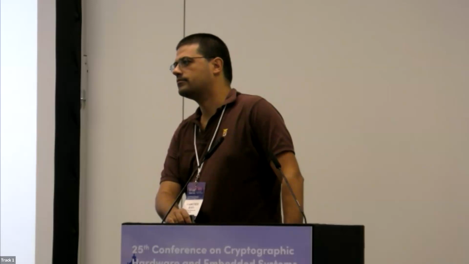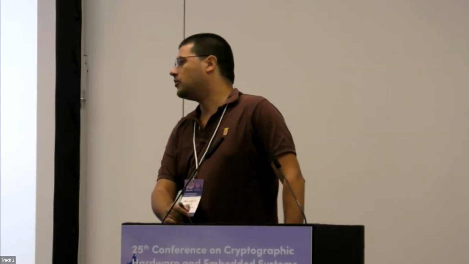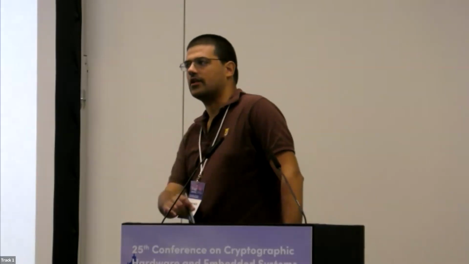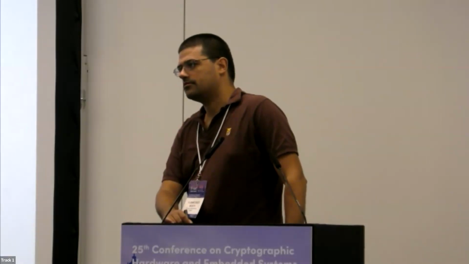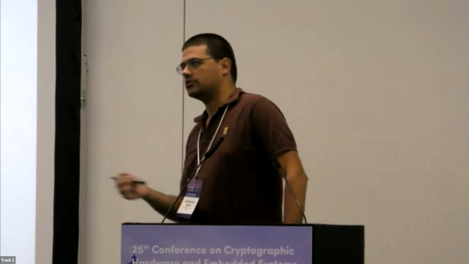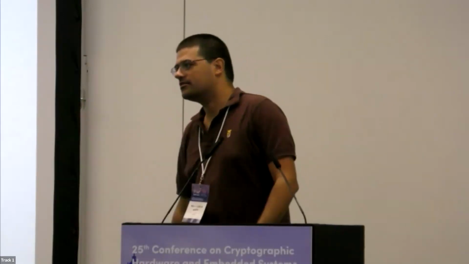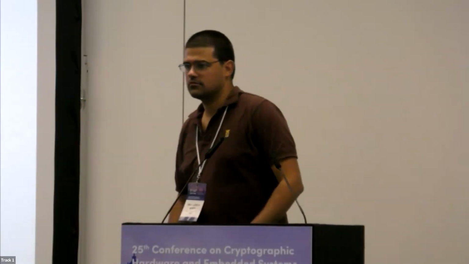So what does this imply if you are thinking in the noisy leakage model? Using the connecting theorems, we have a better result in the noisy leakage model by the same magnitude, because there are some translations. Okay, thanks.